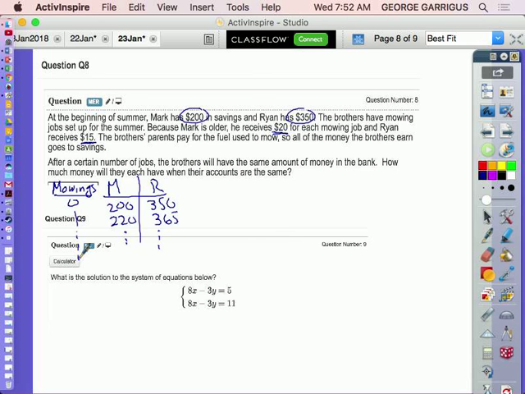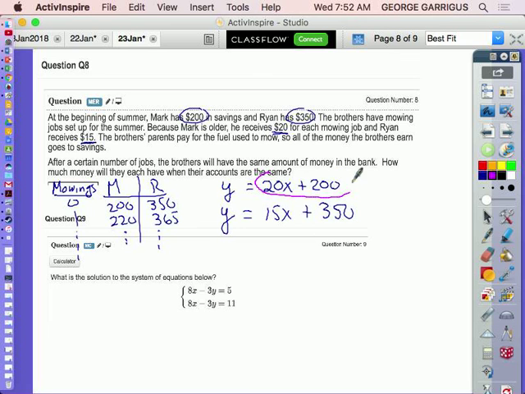An easier method would be to know that for Mark, when he's mowing, he gets $20 per mowing, and he starts with $200. And then the other equation for Ryan is that he gets $15 a mowing, plus he starts with 350.